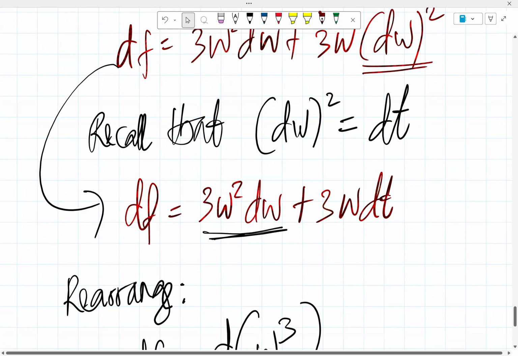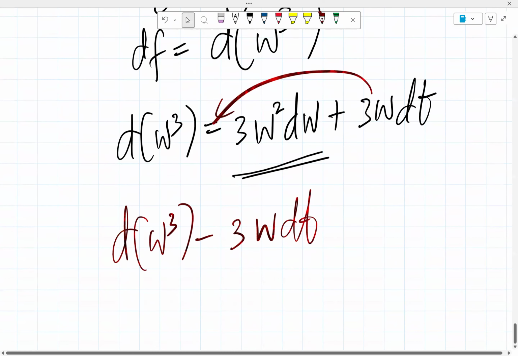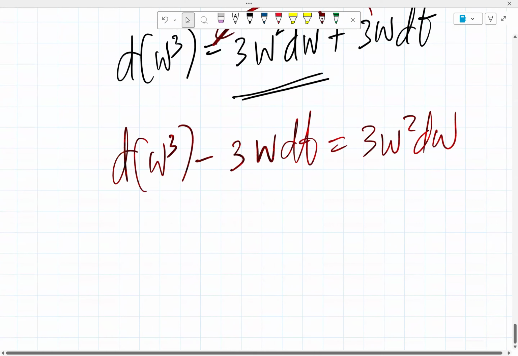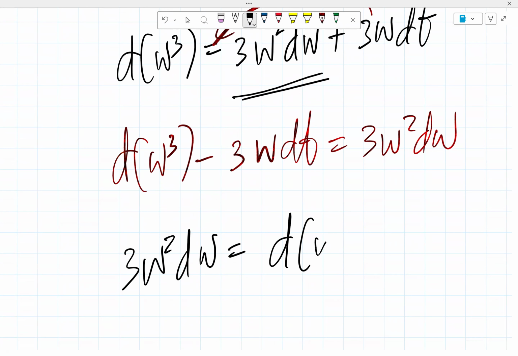This one has always been plus, right? It's plus, so it's now minus 3w dt. So this is now 3w squared dw. So of course, we have now that 3w squared dw is equal to d of w cube minus 3w dt.